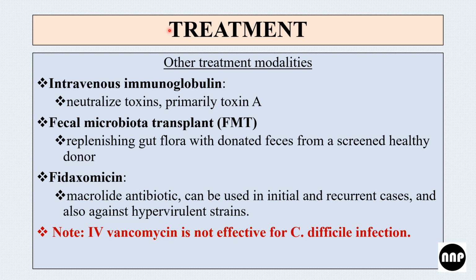This can be considered for multiple recurrent cases. It involves replenishing of the gut flora with donated feces from a screened healthy individual. So from a screened healthy donor, feces will be taken and transplanted into the patient so that the gut flora will replenish.